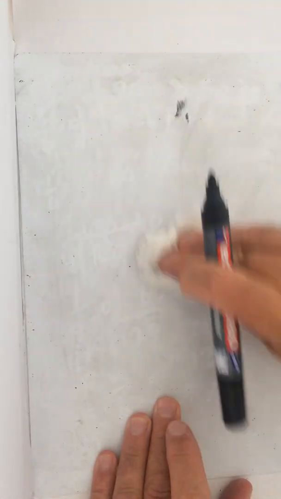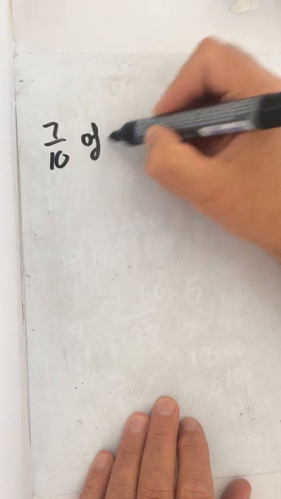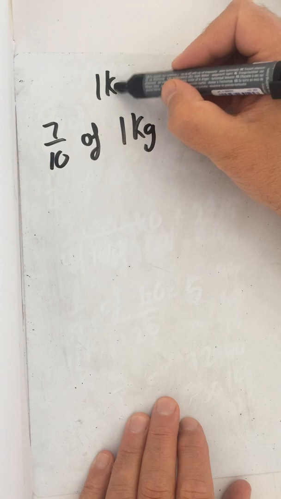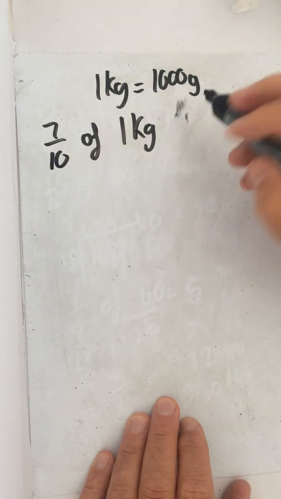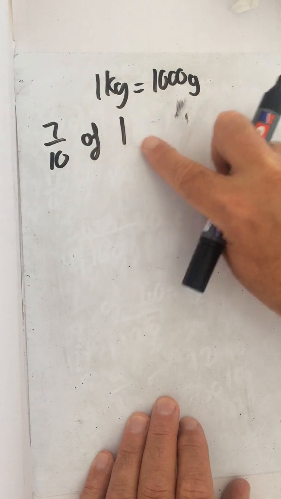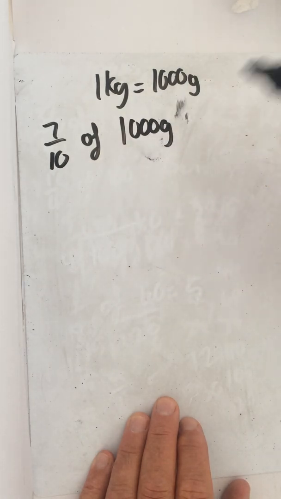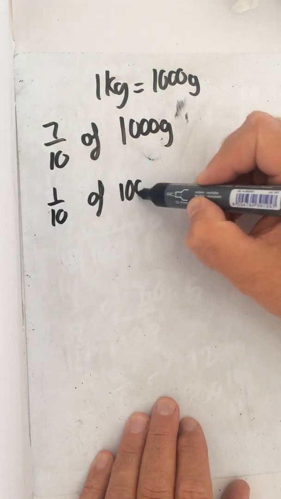And then on to the last one of those. So 7/10 of 1 kilogram. Now 1 kilogram is equal to 1,000 grams, so we're going to turn this 1 kilogram into 1,000 grams. Again, we find 1/10 of 1,000.